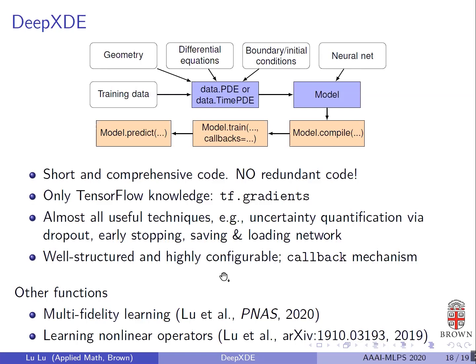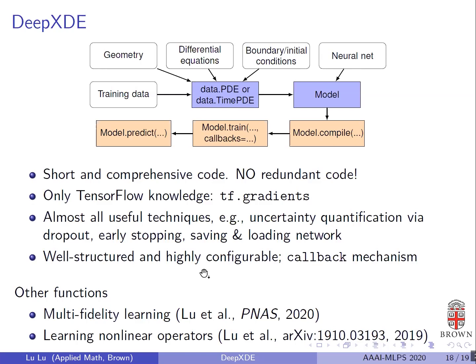The user can insert a very small piece of code in each component and it will work. There is also a technique called callback, which means that during training, without modifying the inside code of DeepXDE, the user can plug in some code to change the behavior of the training.